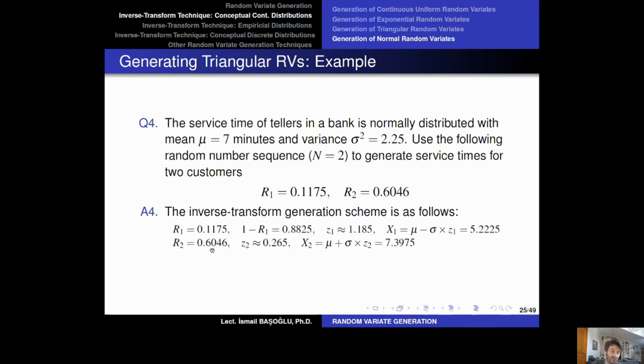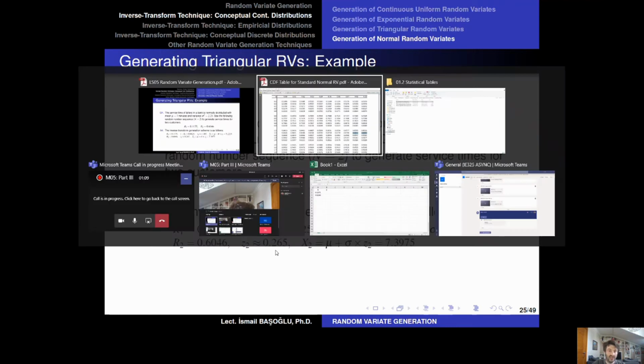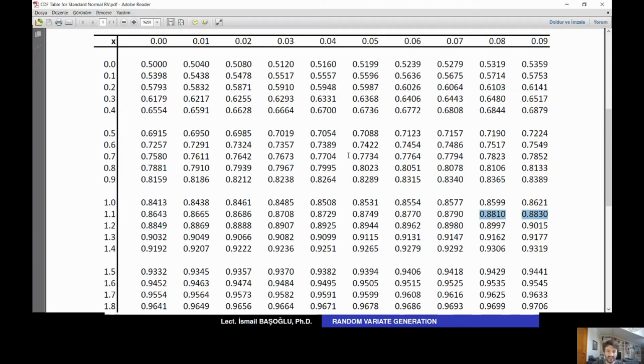Now you see for this second random number, which is greater than 0.5, I can directly identify the z value. Let's do that for 0.6046. Where is that? 0.6046 is somewhere between these two values, right? So let's take the average. It is not 0.26 or 0.27, it is just between.